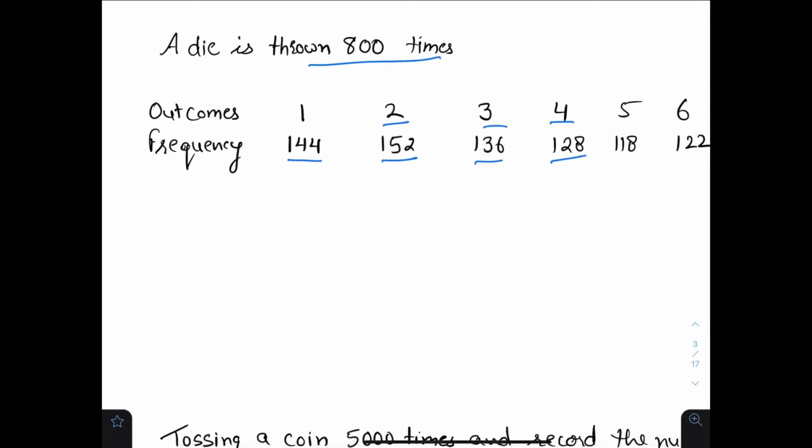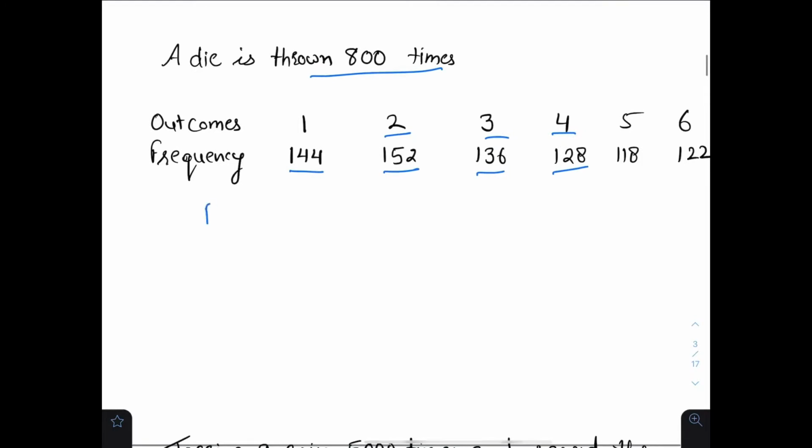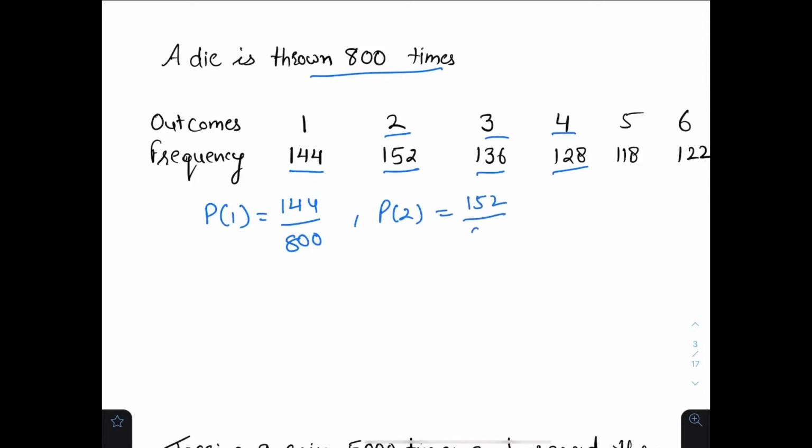So from these observations we find P1 equal to 144 upon 800, P2 equal to 152 upon 800, P3 equal to 136 upon 800 and so on.